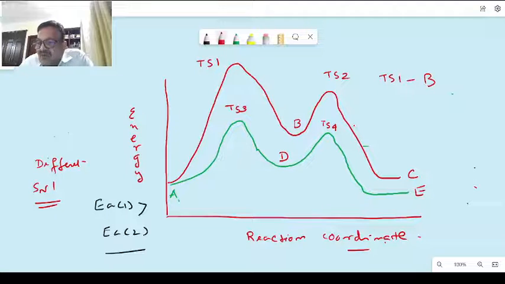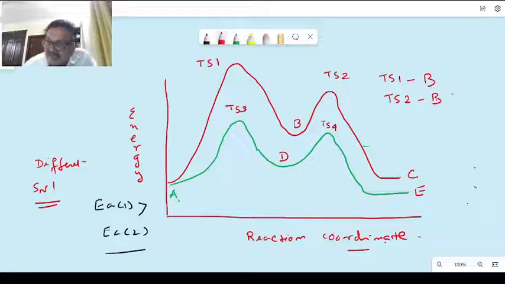Now the transition state TS2 is closer in energy to B again. If you see the graph, we can make out that TS2 is closer in energy to B than to C, the product here. There is a lot of difference in the energy level here.